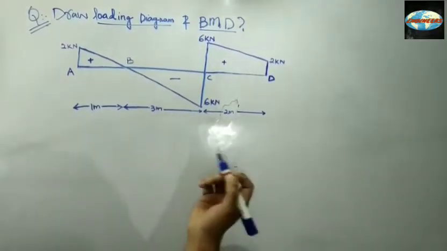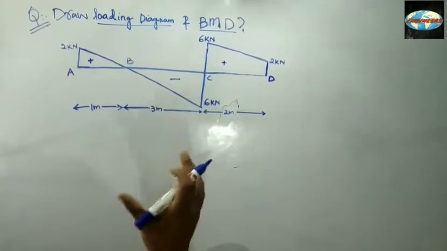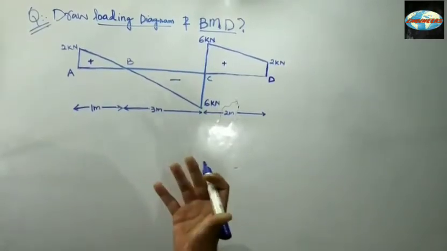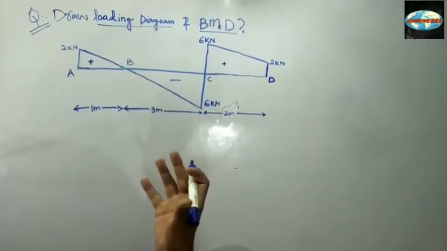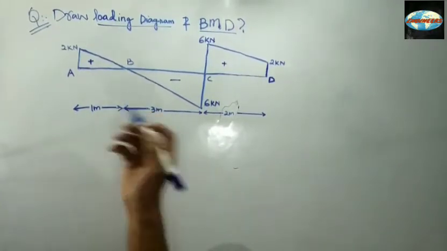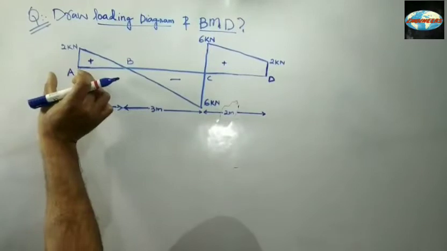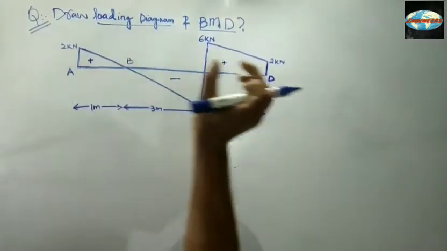Whenever you have a beam and you want to analyze it with respect to its shear force or bending moment, there are two approaches. Obviously, you can go from the left hand side of the beam, or from the right hand side.